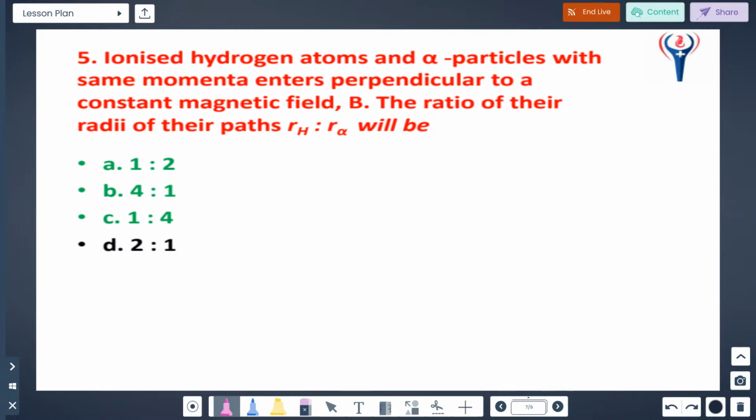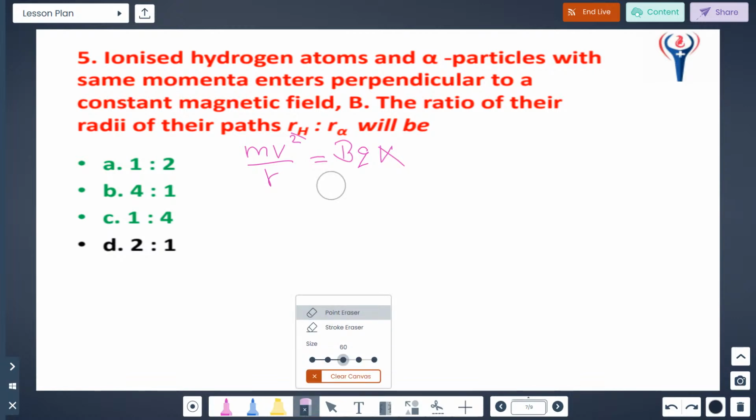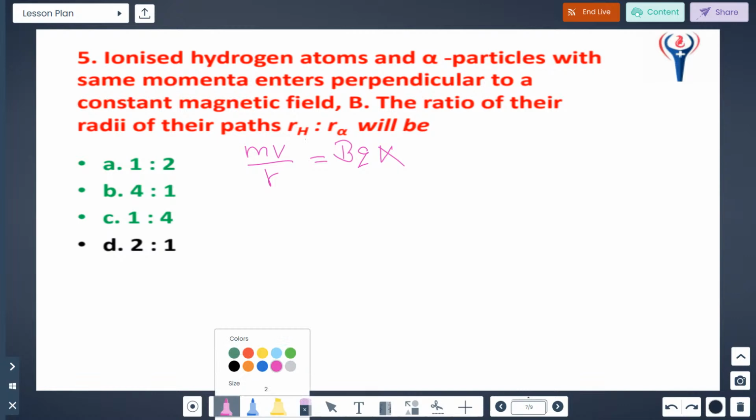So here we are going to apply centripetal force, that is mv square by r, small r, equal to force due to magnetic field, BQV formula, BQV. This V and this square getting cancelled.